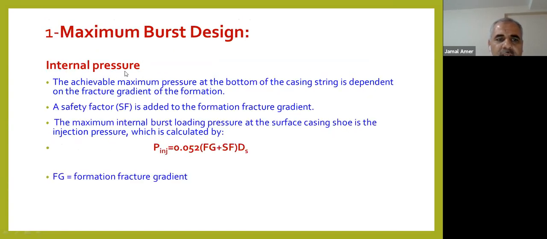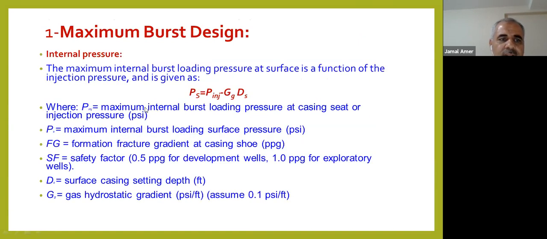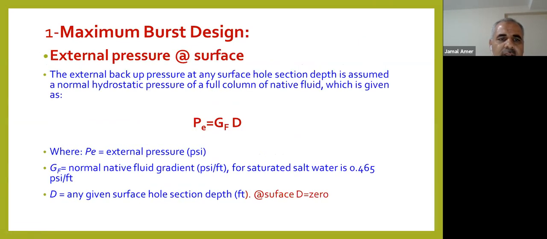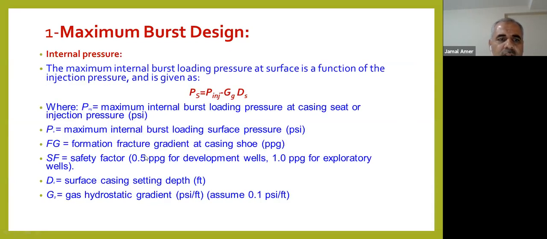So we have internal pressure and we have external pressure. What is internal pressure and external pressure? We'll go through them in detail in our course. We'll explain how we get the internal pressure. The maximum internal burst loading pressure at the surface is a function of injection pressure. What does injection pressure mean?